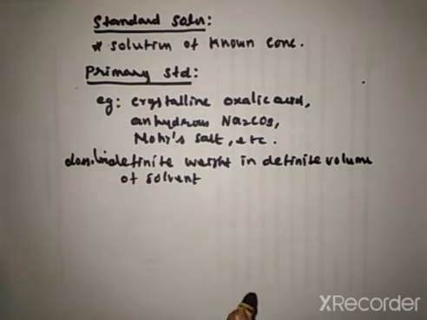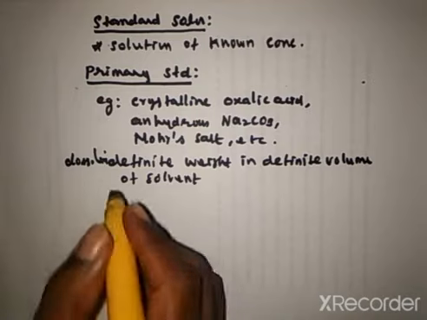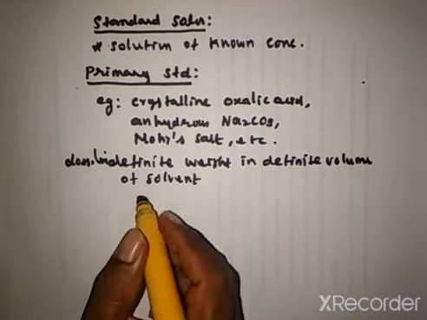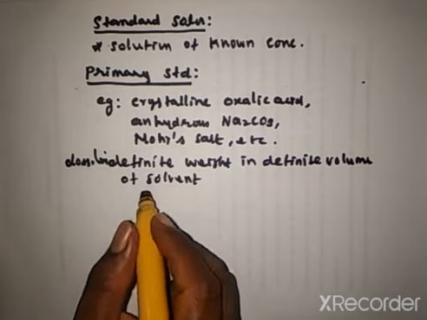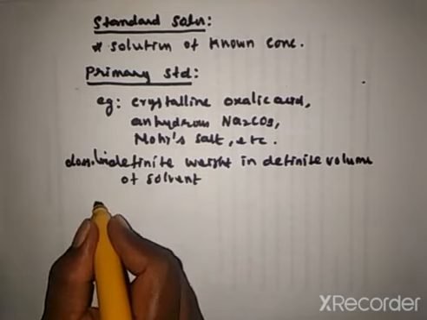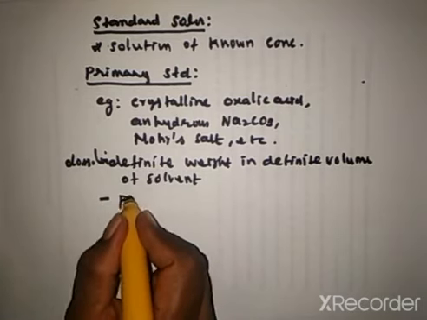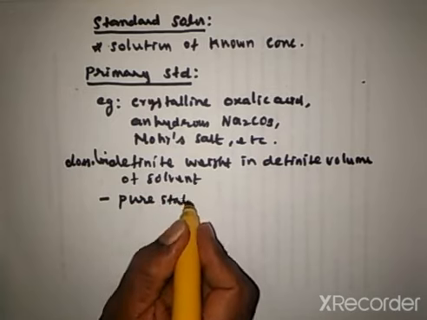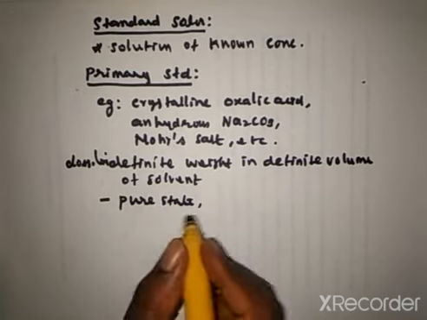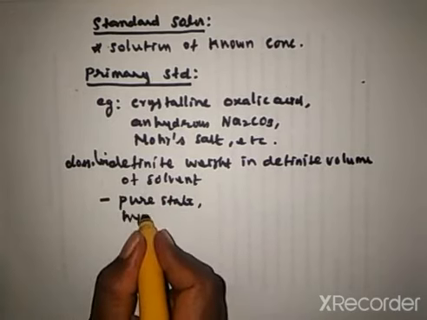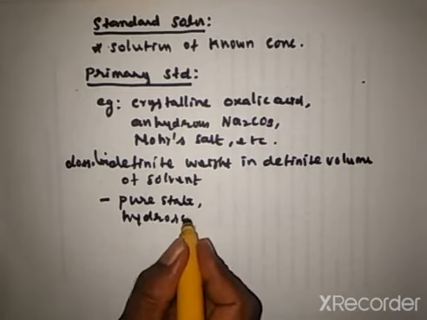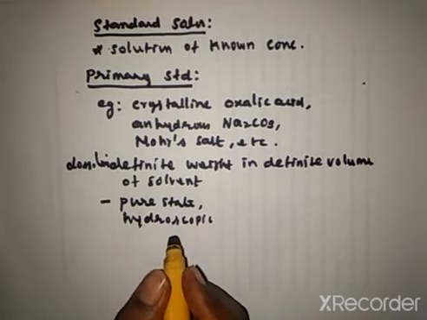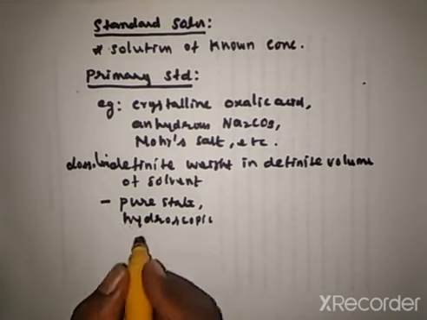The substance used as a primary standard should fulfill some conditions. It should be in pure state, it should not be hygroscopic, which means it should not absorb water, and non-deliquescent.